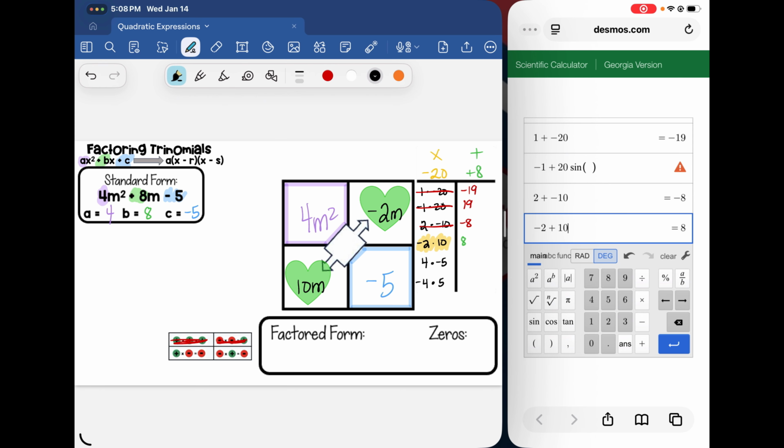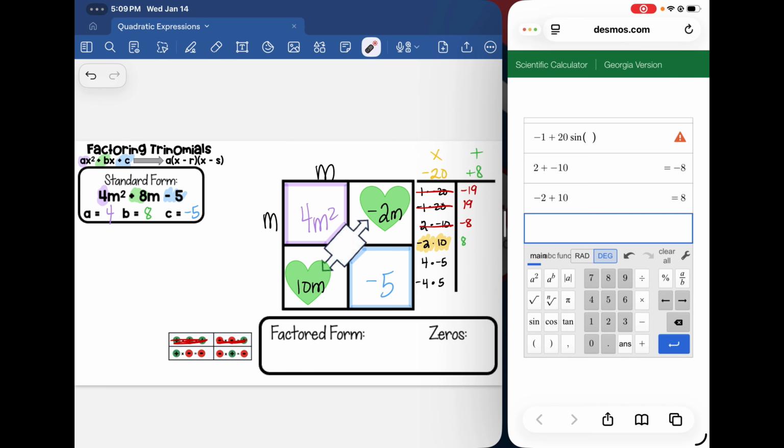Hopefully you said an m and an m. But now we got to look at this 4. So we can look at the row or the column. So let's look at the column. 4m squared and 10m. We have already taken care of the variables, so all we're looking at is numbers right now.